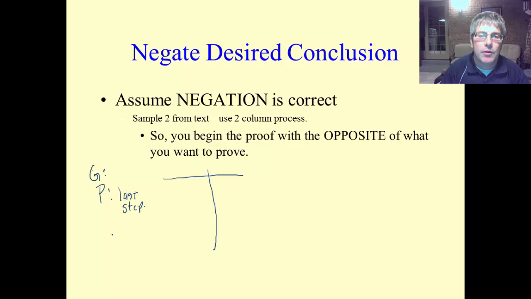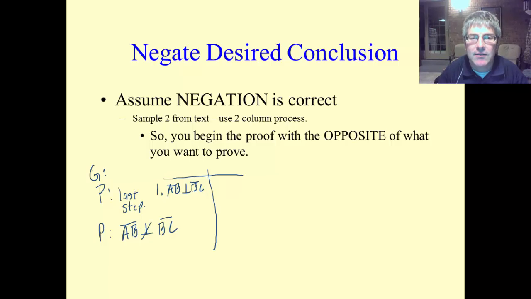So we might be given a proof that is going to be something like AB is not perpendicular to BC. And our first step now will be the negation of that, or AB is perpendicular to BC. So that's how we're going to start our proofs. We're going to take what is normally our last step, take the negation of it, and it's going to be our first step. That's where we're going to begin.